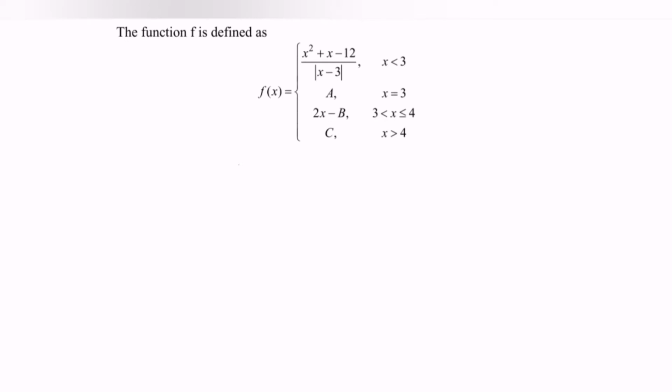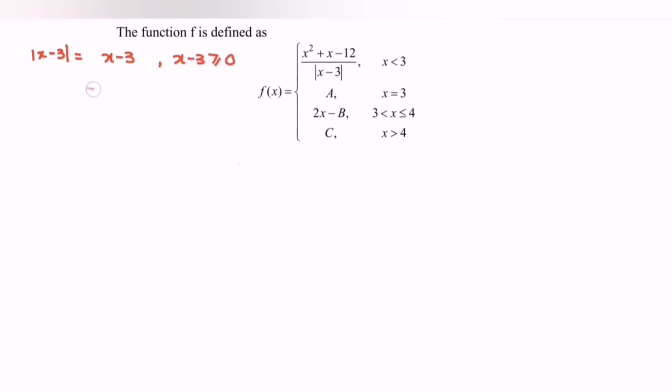Before we further our discussion, I'm going to define the modulus of x minus 3. Given the definition, the modulus of x minus 3 is equal to x minus 3, and the domain will be x minus 3 greater than or equal to 0.